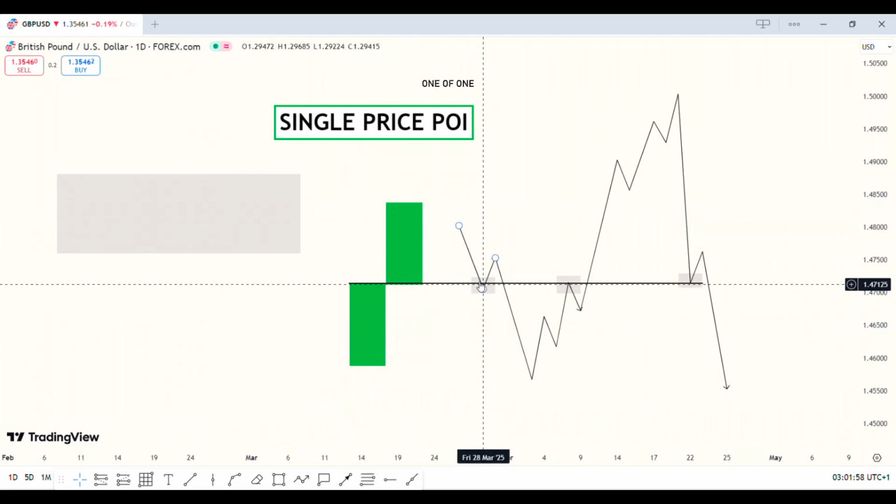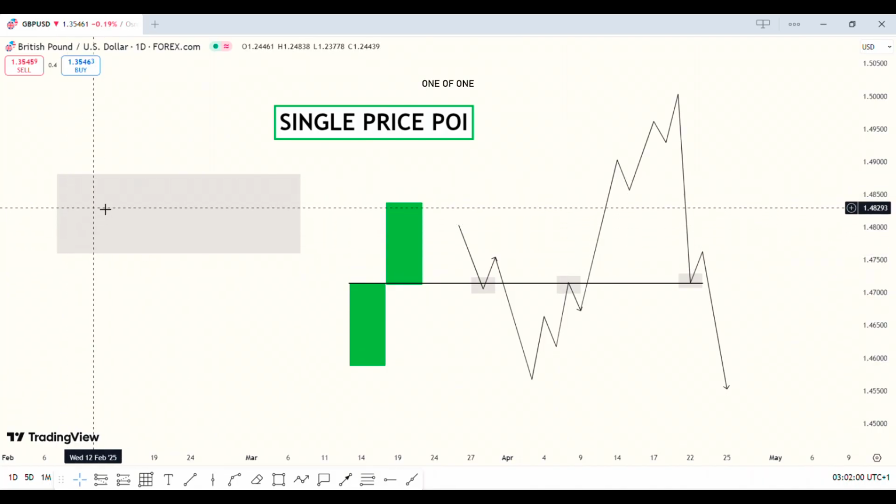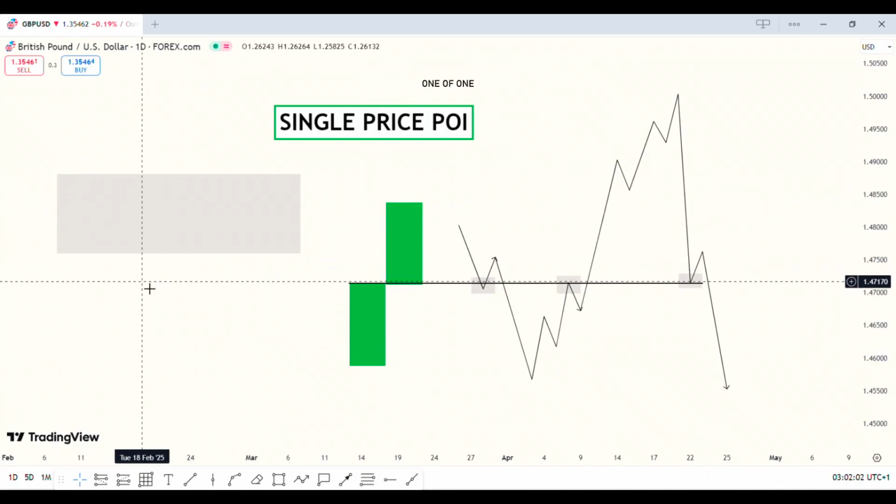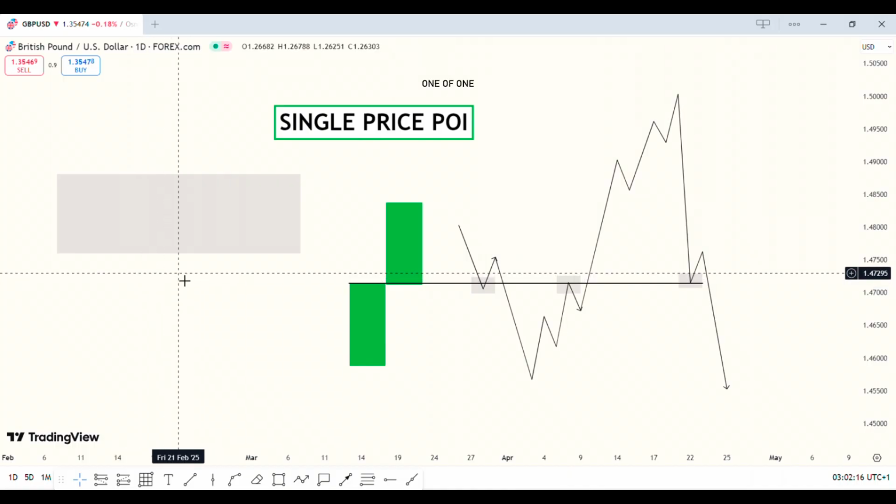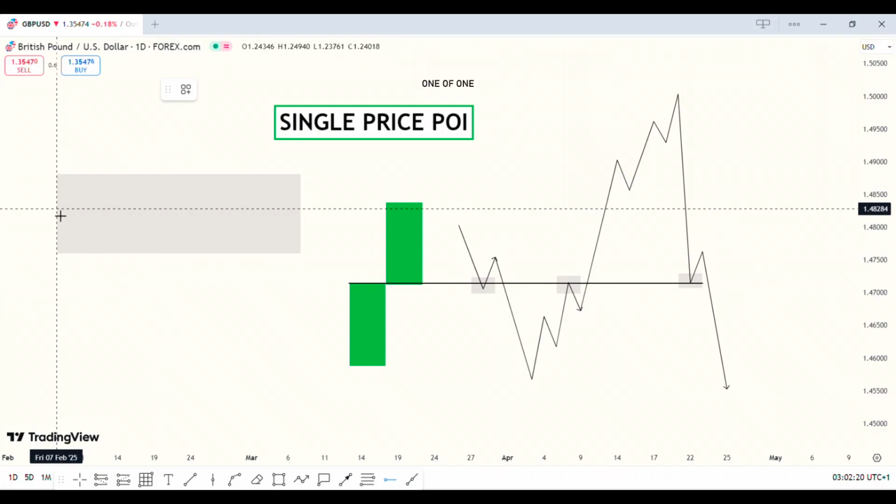So we want to look for closing prices that rejected price multiple times in the past. We want to study past price action, look for closing prices that rejected price in the past, mark out that closing price, and extend it across our POI.